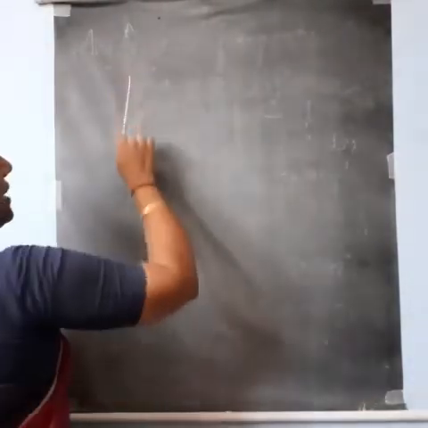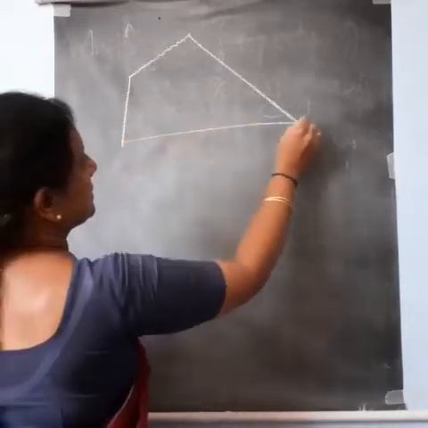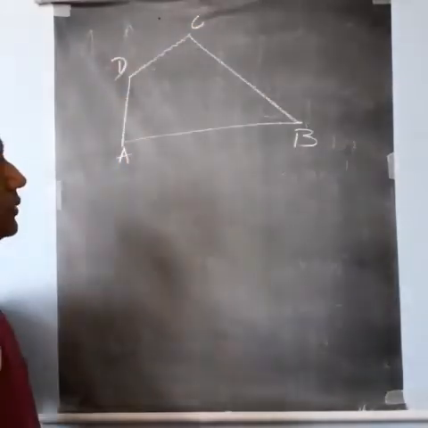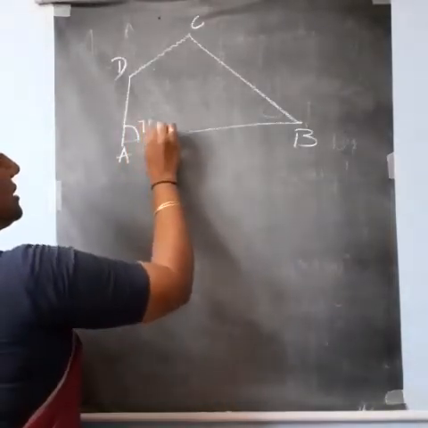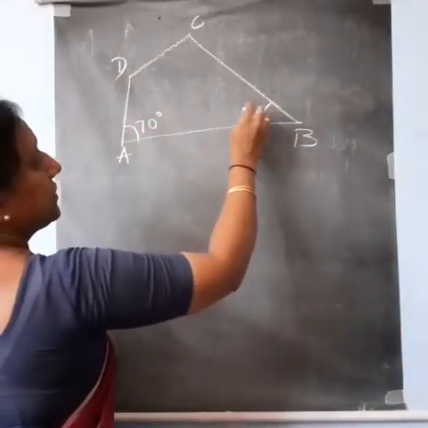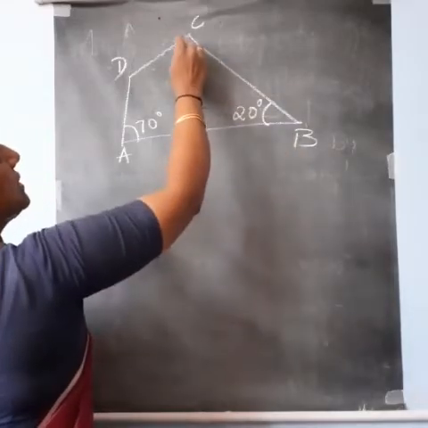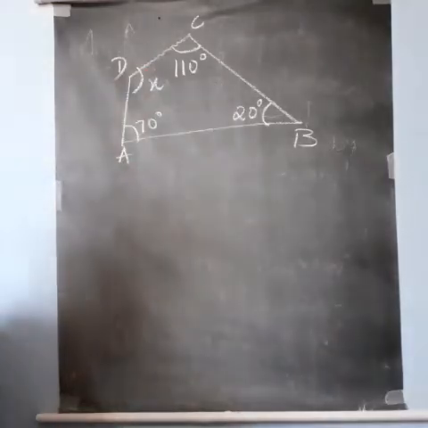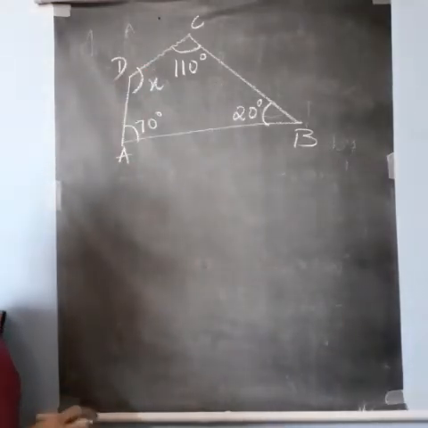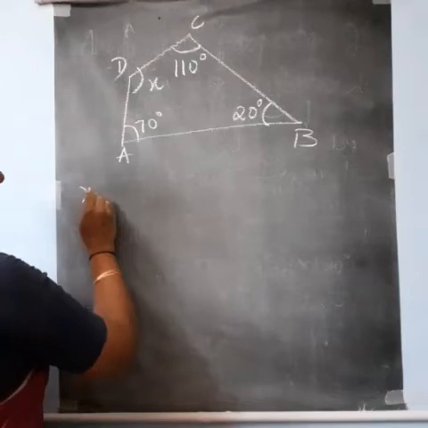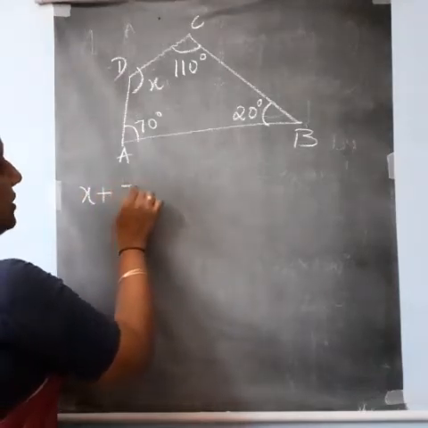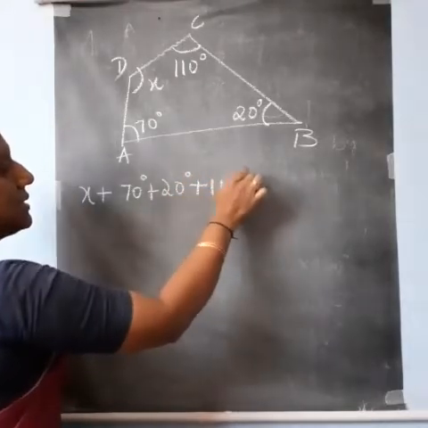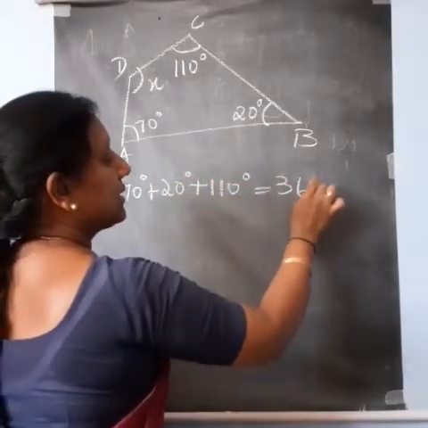So supposing we have a quadrilateral like this, some quadrilateral A, B, C and D. Now, if this angle is say 70 degrees and this angle is given as 20 degrees and this is given as 110 degrees and we want this unknown angle. So, by angle sum property, I can say x plus 70 plus 20 plus 110 is equal to 360.